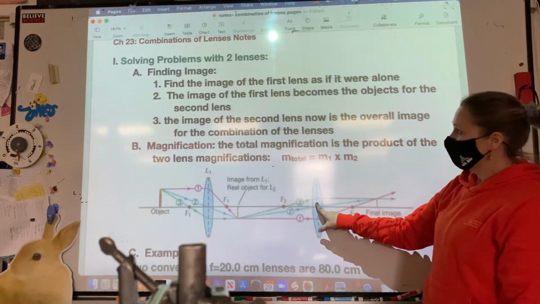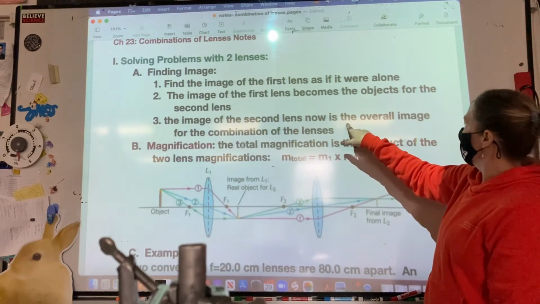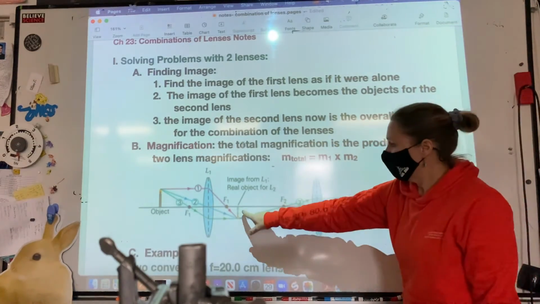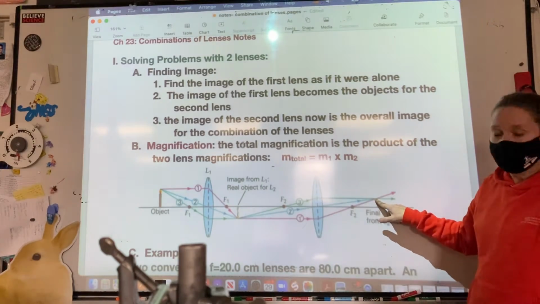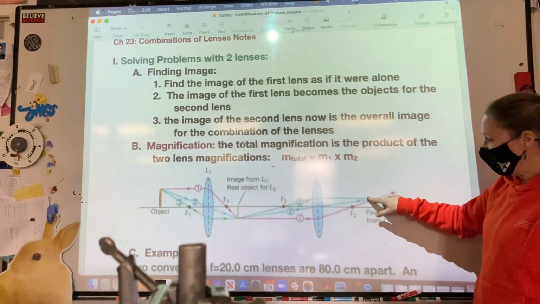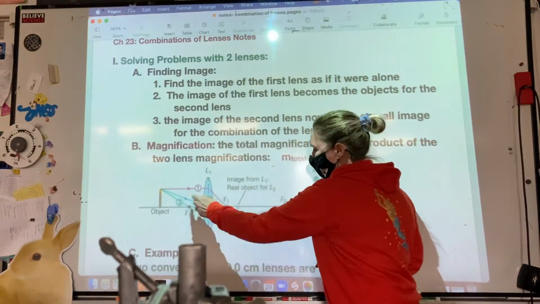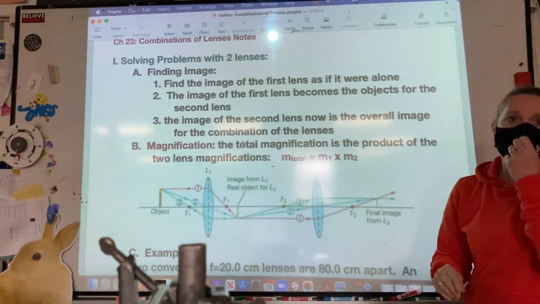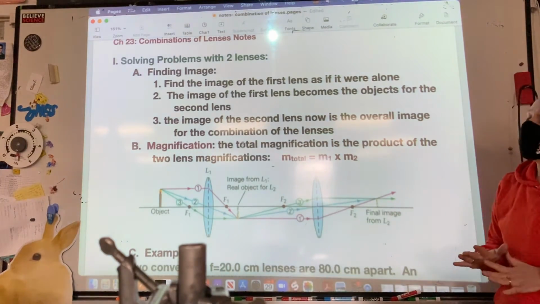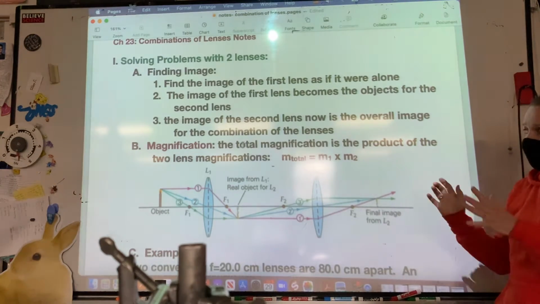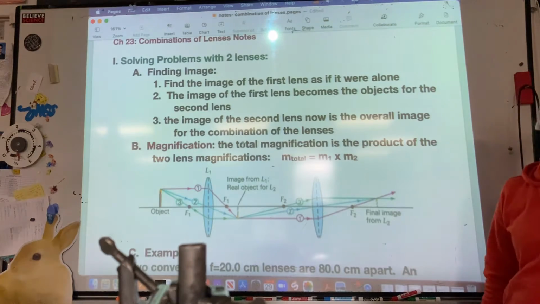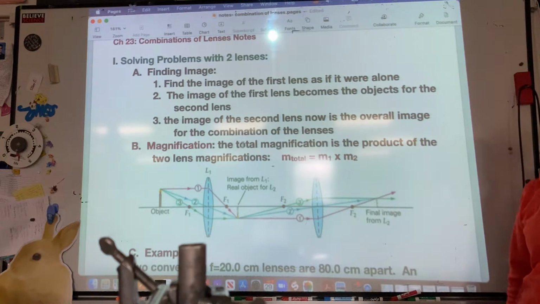Then the image of the second lens is the answer for the whole problem, because it went from this and then to this. It's not hard, but you have to be careful, because it's so easy to copy a wrong number. So be neat and tidy.